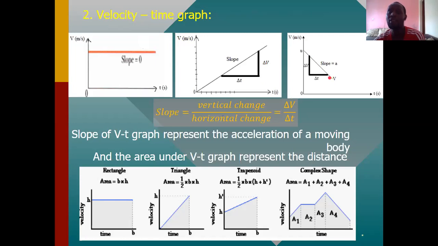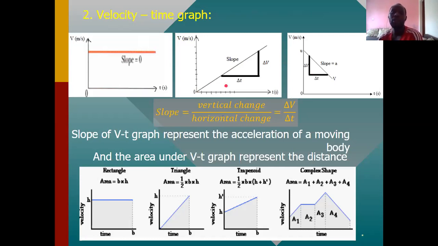Whereas in the previous case, the velocity is increasing with time, so the rate of change is positive. So here we have accelerated motion, here we have decelerated motion, whereas for the first case, we have uniform rectilinear motion where there is no acceleration.